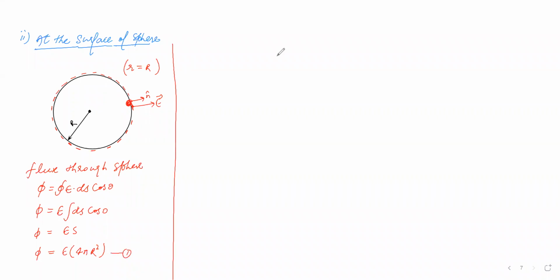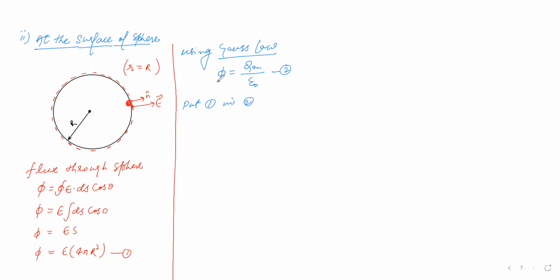For calculation of electric field, we should use Gauss law. Using Gauss law, phi is equal to Q enclosed over epsilon naught. This is your equation number 2. Put 1 in 2.